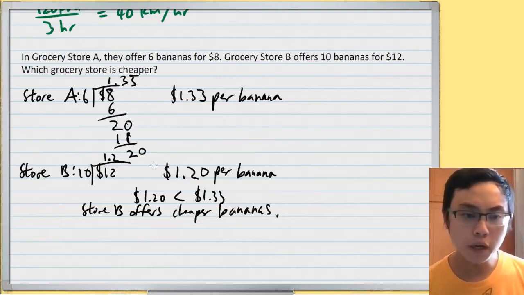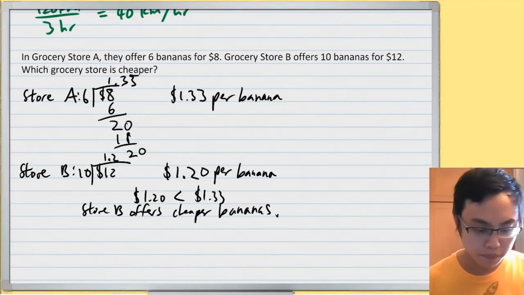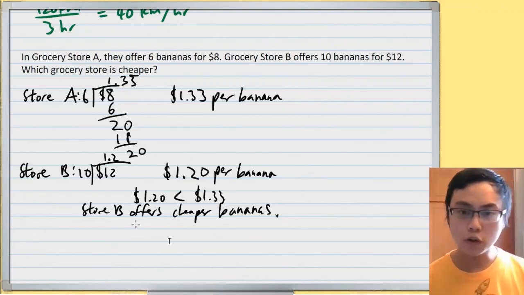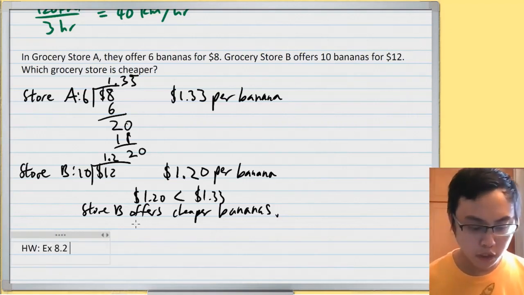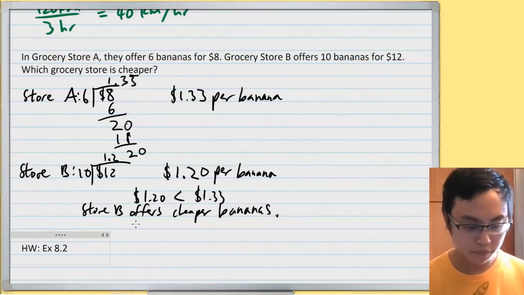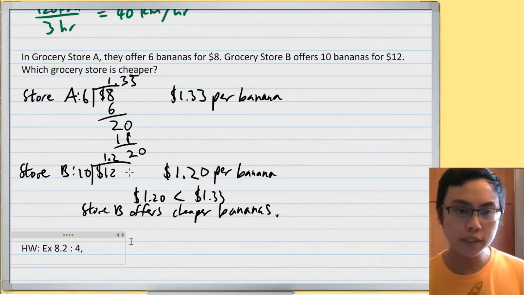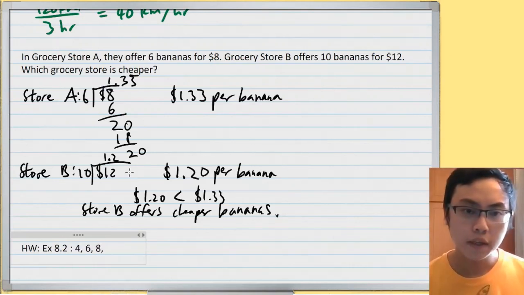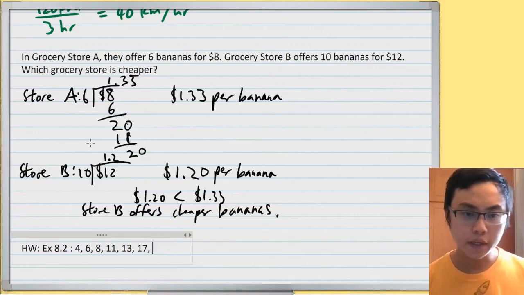Okay, so now let's just give you the homework. For homework, let me write it down over here. Your homework is going to be exercise 8.2, and the questions are going to be 4, 6, 8, and then 11, 13, and then let's do 17 and 21.